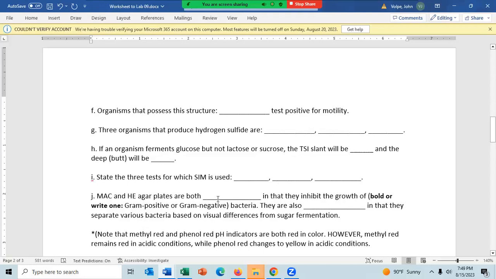Name them. And then MAC and HE plates are both what? And they inhibit the growth of either gram positive or gram negative. You got to answer that. You can bold it, underline it, or write it. And they are also what? In that they separate various bacteria based on visual differences from sugar fermentation.